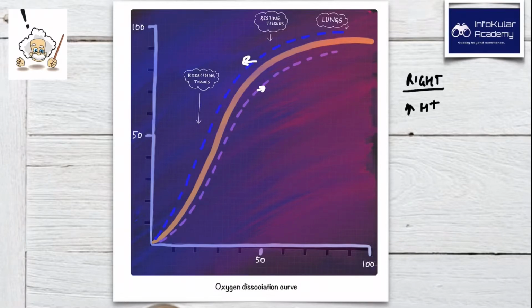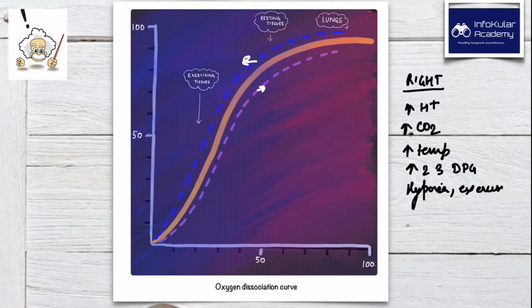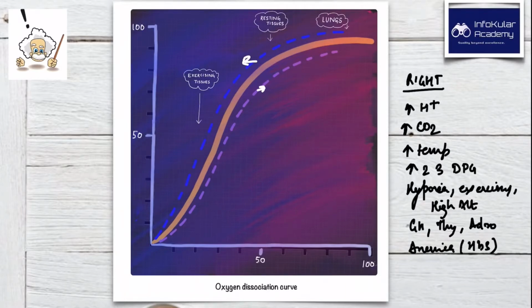So increased H plus, increased CO2, increased temperature, increased 2,3 DPG, conditions such as hypoxia, exercising, or high altitude, enzymes such as growth hormone, thyroid hormone, androgens, and anemia such as HBS, that is sickle cell anemia. All of these will favor increased binding of oxygen to the hemoglobin and hence will show a right shift. Now, what are the conditions that show a left shift?